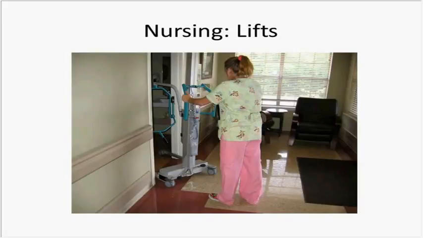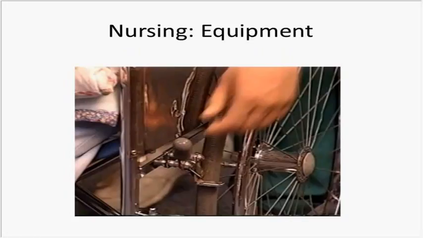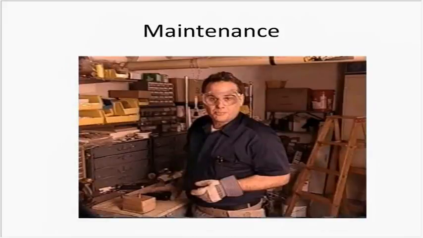Inspect the pads and make sure that they're in good condition. And if any equipment isn't working properly, don't use it. Let maintenance know and get it fixed. And don't forget to lock the wheels on wheelchairs when they're not moving.